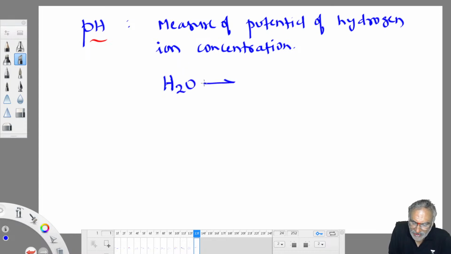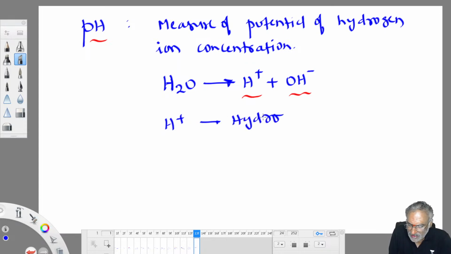If you split water itself, you find H plus or OH minus. Positively charged H plus ions, or negatively charged OH minus ions. H plus is called the hydrogen ion, and OH minus is the hydroxyl ion.